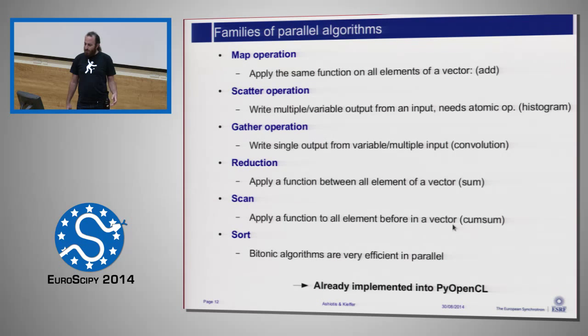Parallel algorithms can be decomposed into these primitives here, which are map operations, where we apply the same function on all elements of an array; scatter operations, where multiple outputs are set into an input; and gather operations, where a single output is passed at multiple inputs; a reduction, which returns one element out of a big array; a scan, where we apply an operation like cumulative sum; and sort, which is sort.